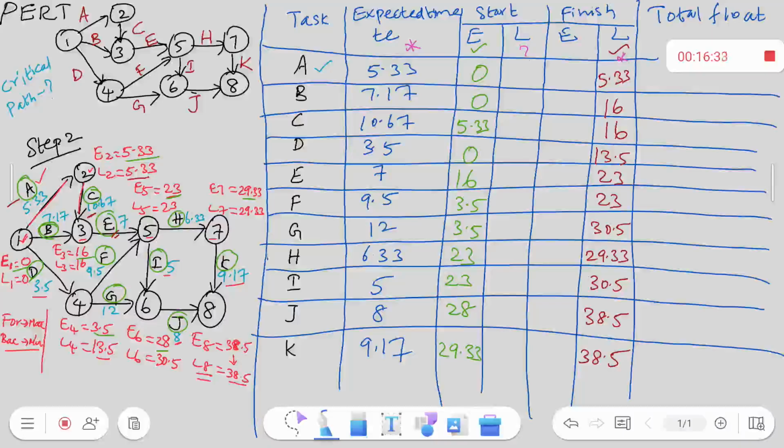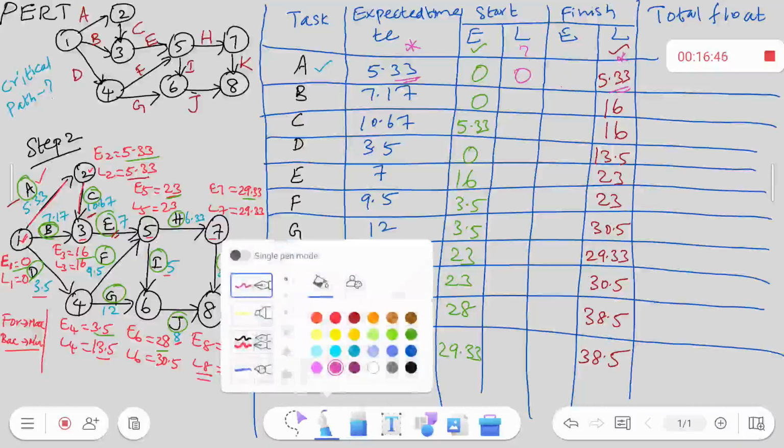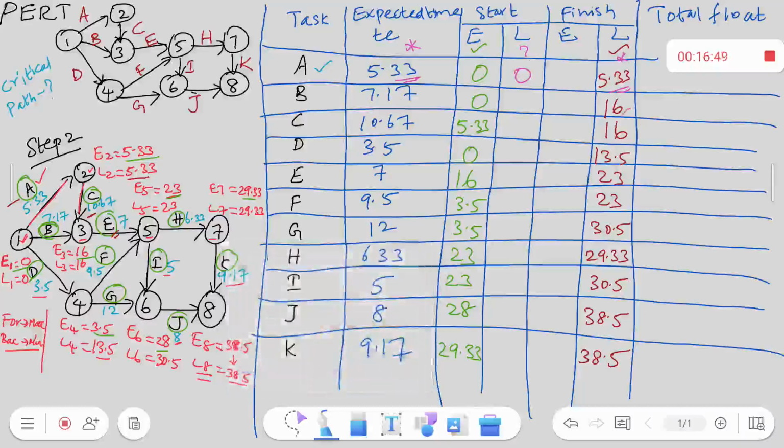So 5.33 minus 5.33 is 0 here. Next is 16 minus 7.17, which is 8.83. Next is 16 minus 10.67, which is 5.33.